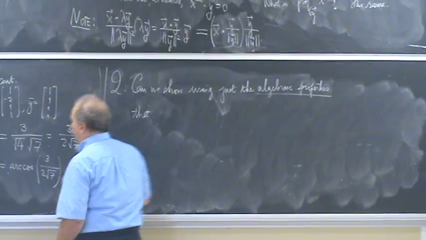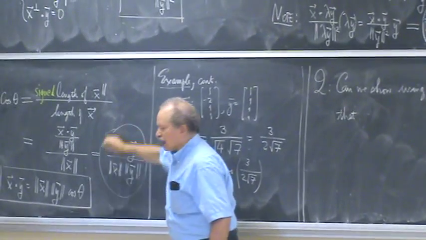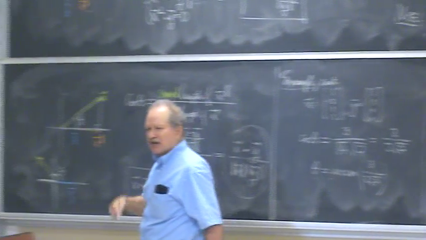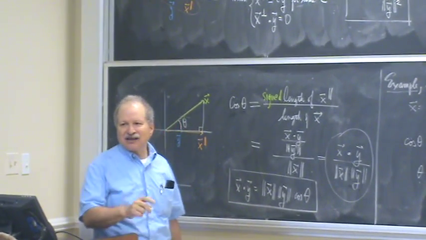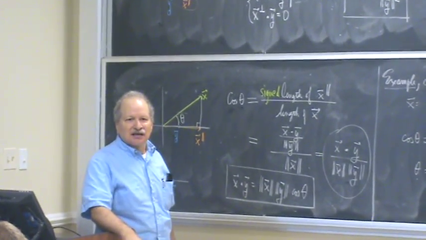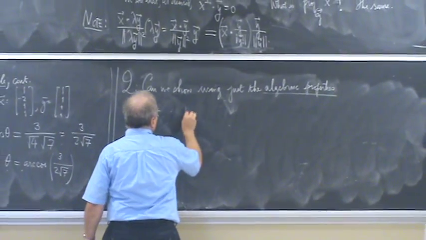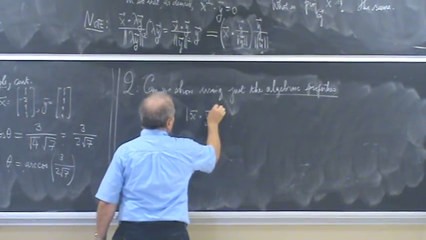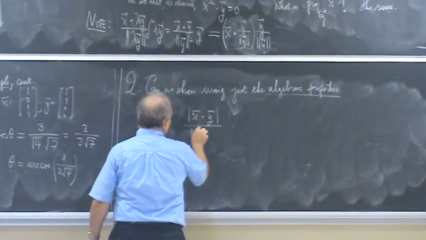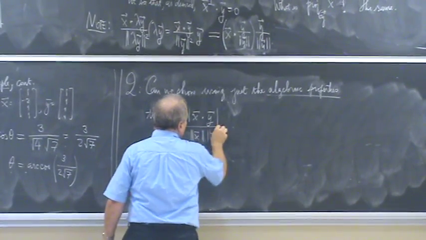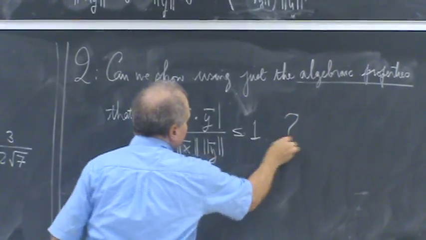In other words, I want to know that this is a candidate to be a cosine of an angle. What is necessary for that to be the case? It has to be between -1 and 1. Right. So I want to know that if I take the absolute value of that quantity, it's less than or equal to 1.